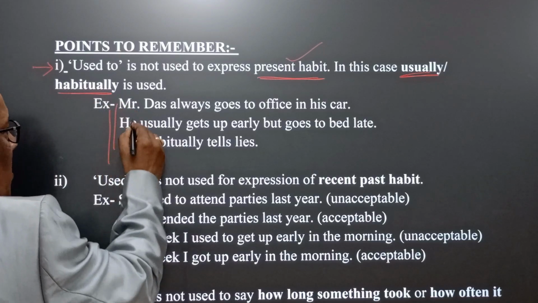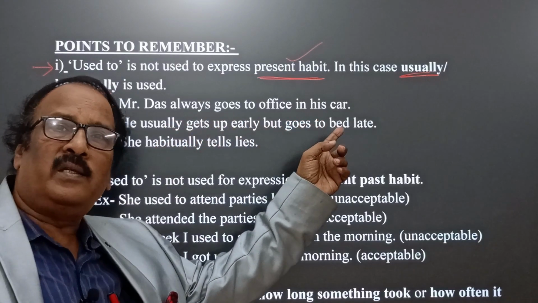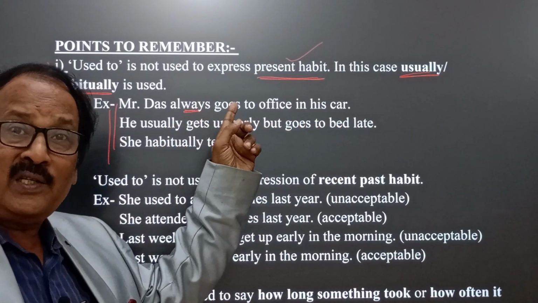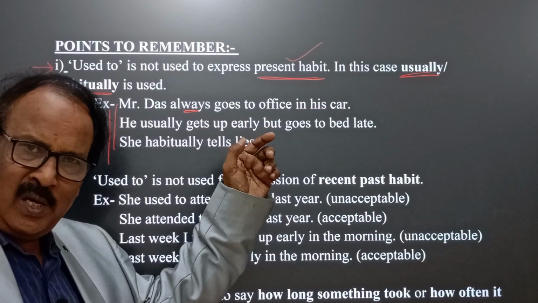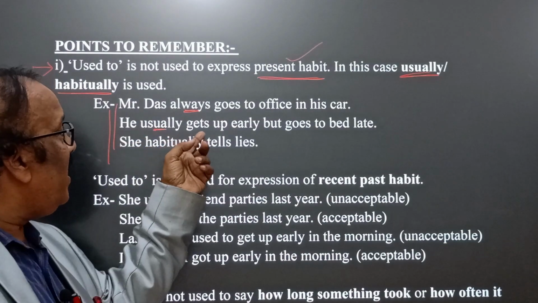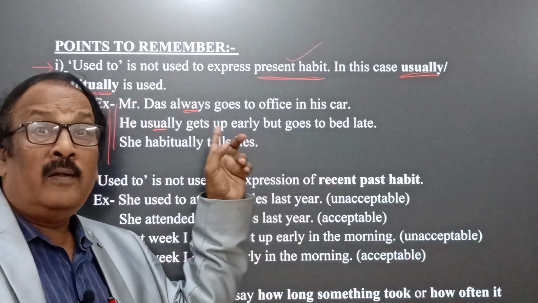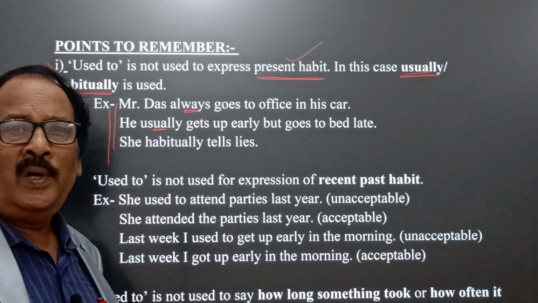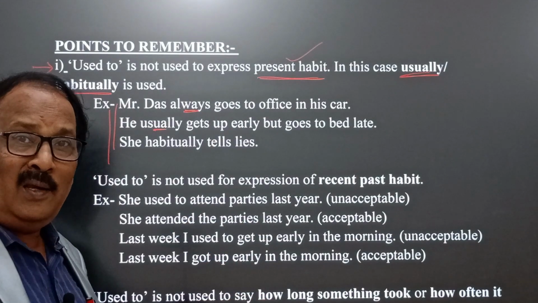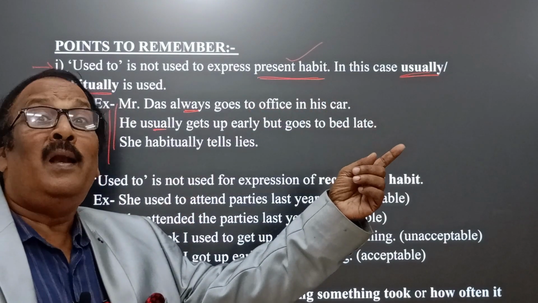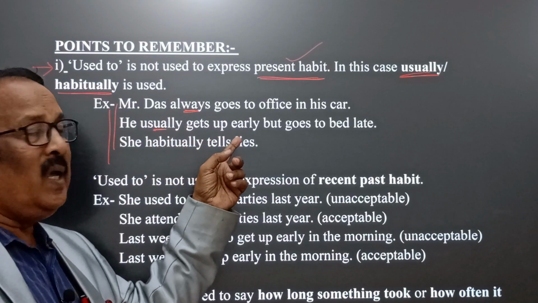Examples. Mr. Das always goes to office in his car. Always indicates a present habitual action of Mr. Das. Again, he usually gets up early but goes to bed late. This is the habit of a person who usually gets up early but goes to bed late. We cannot write he uses to get up early.